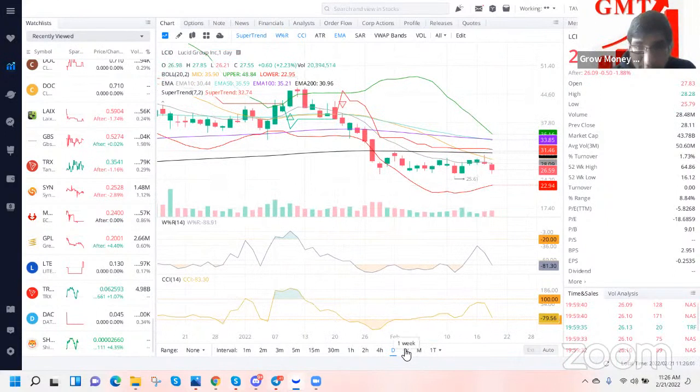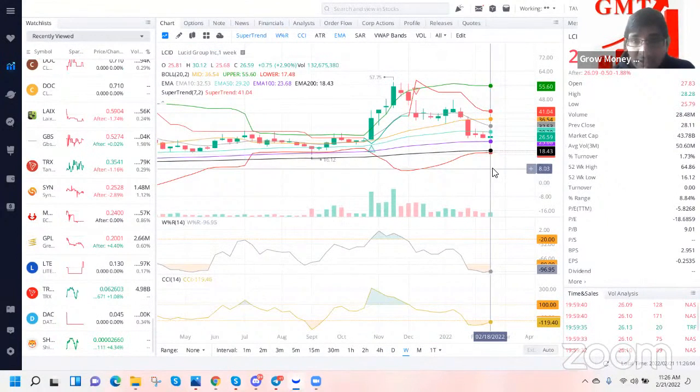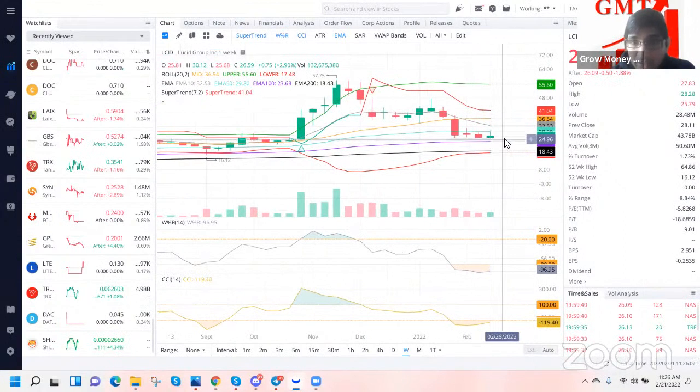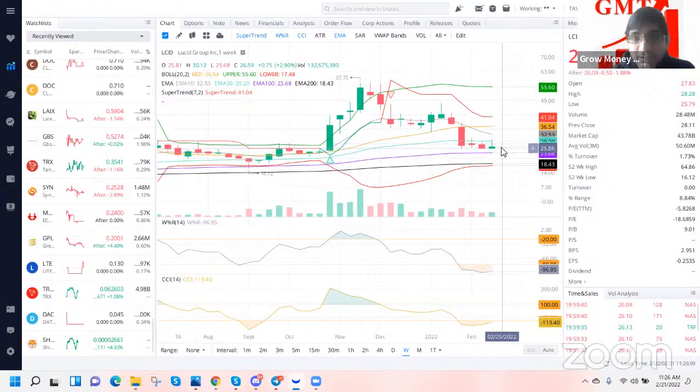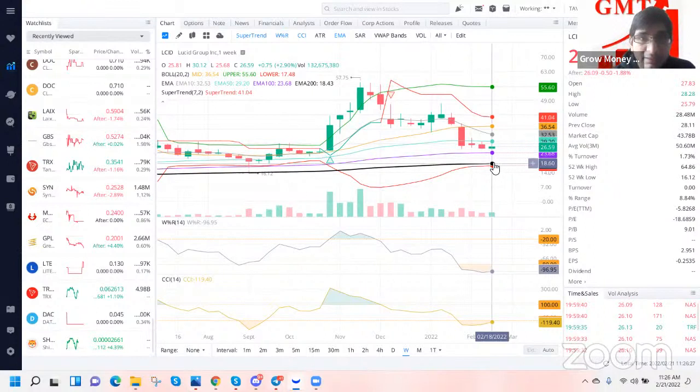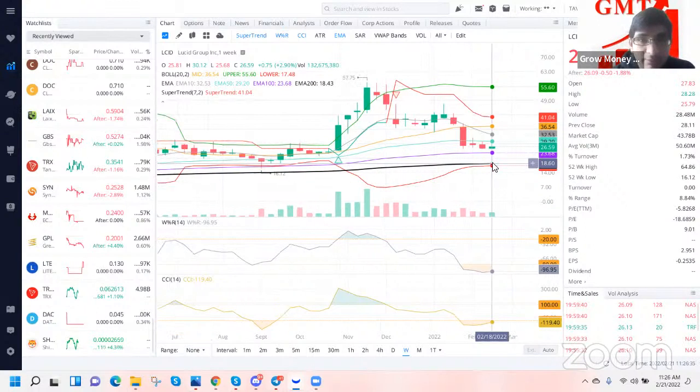So looking at the weekly chart, although the last candle is green, it's again a gravestone, and the 100 EMA is at 23.68. So you could expect it to drop further down at least until the 100 EMA, or if the downtrend continues, then the 200 EMA on the weekly chart around 18.45 could be the price where you could consider averaging down if you're currently holding it.